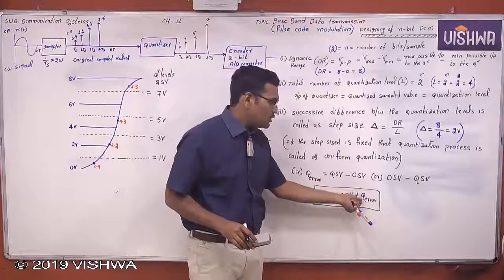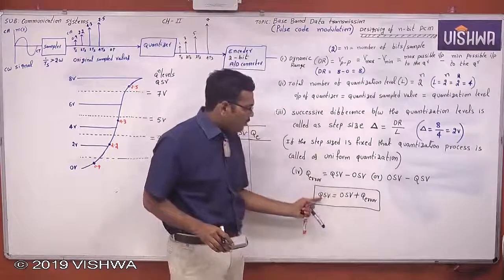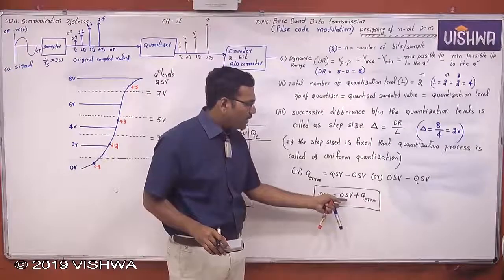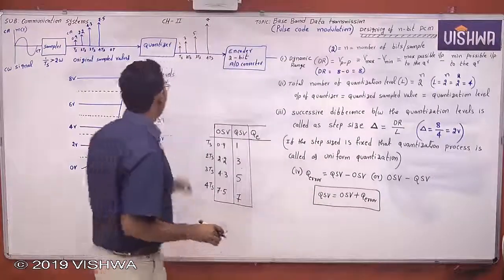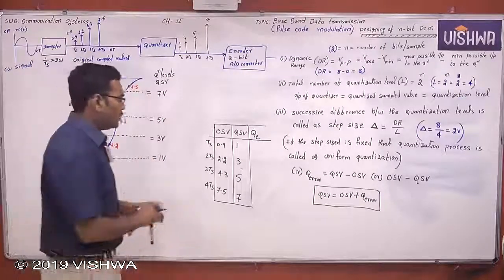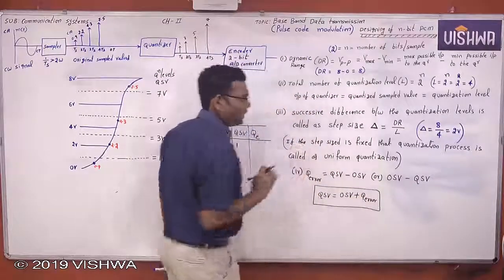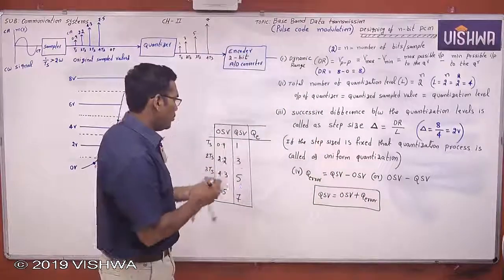This quantization error should be as minimum as possible, such that your quantized sample value is very close to the original sample value, because you are introducing some error.